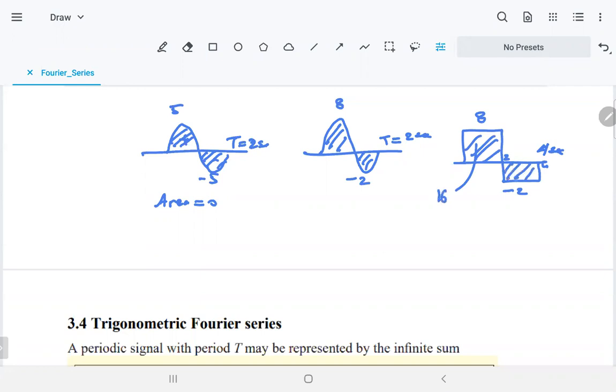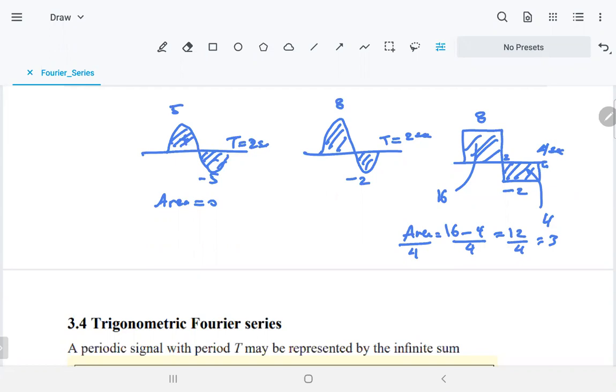The negative area is height 2 times 2 seconds, which is 4. When you subtract, the total area is 16 minus 4, which equals 12. Then divided by the period, which is 4 seconds, you get 3. So the average is 3.